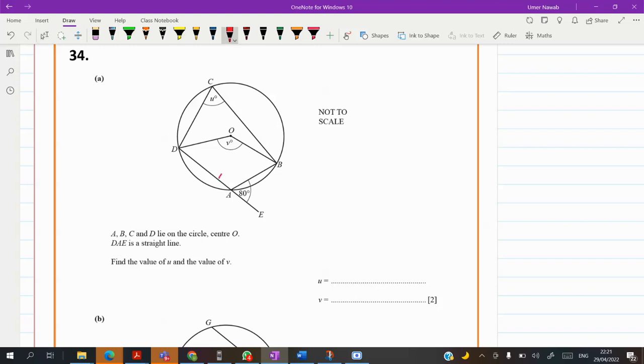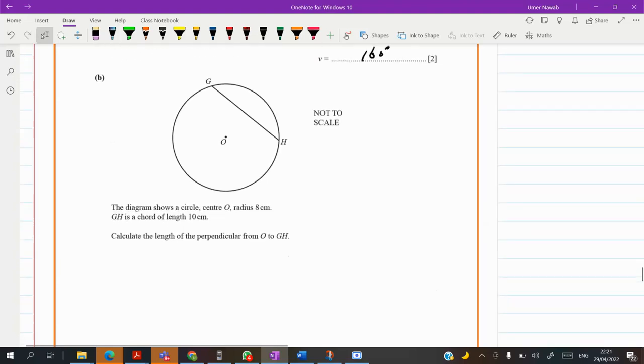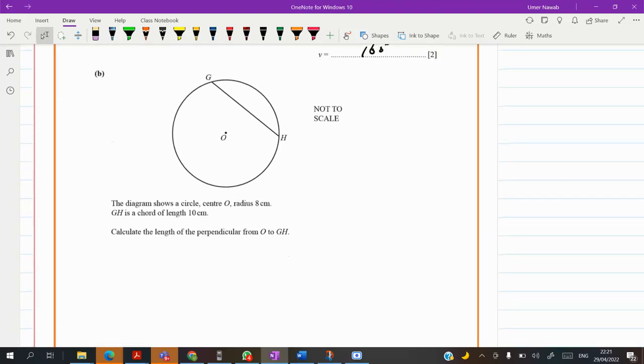So get this angle, which is 100, because the total is 180. By the cyclic quadrilateral property, this is 80, and this is the double, which is 160. So 80 and 160.